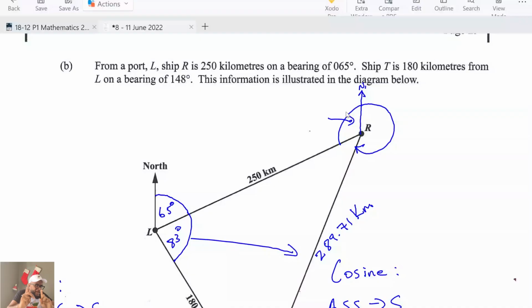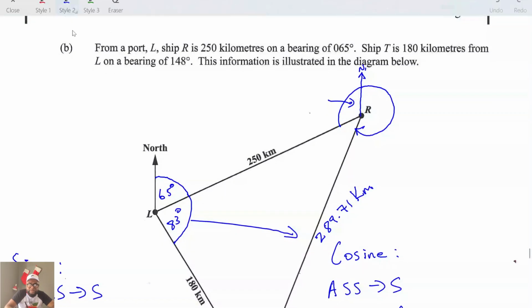These are co-interior angles, and co-interior angles add up to 180 degrees. The co-interior angles are this angle here and this angle here. 180 minus 65 is 115 degrees.